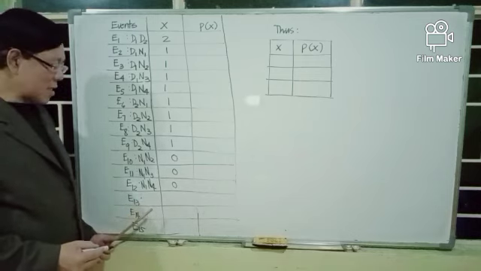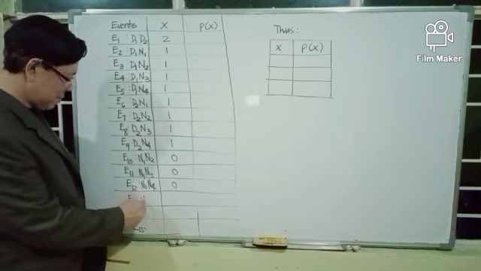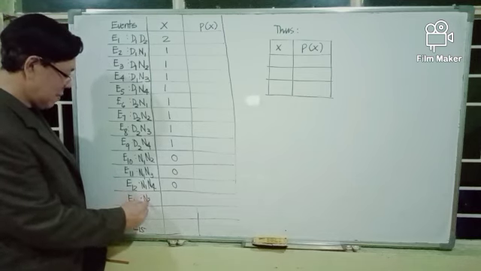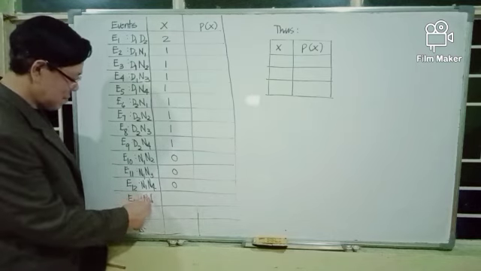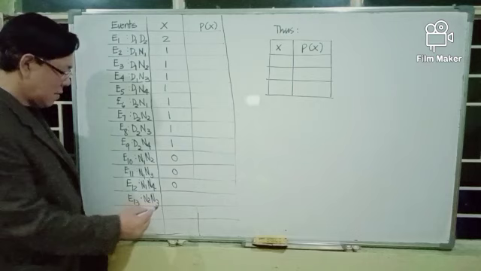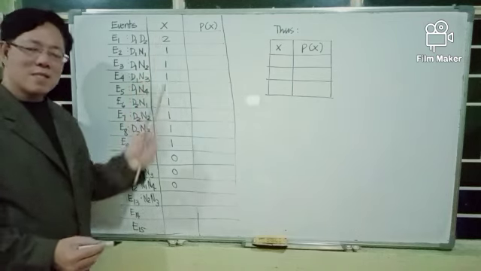Another possibility, the customer selected the second non-defective and the third non-defective appliance. For this particular event, the value of the random variable x is 0.